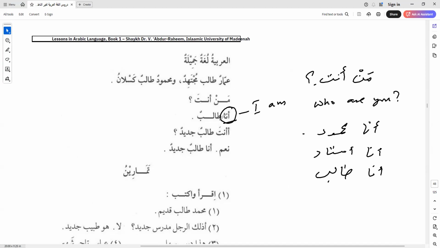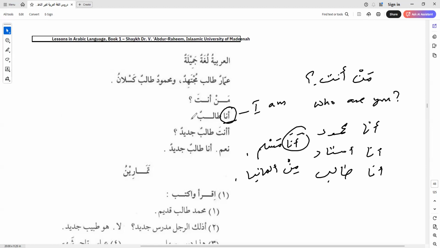Ana Talibun. Ana Muslim. I am a Muslim. Ana Muslim means I am a Muslim from Germany. أنا مسلم من اليابان.